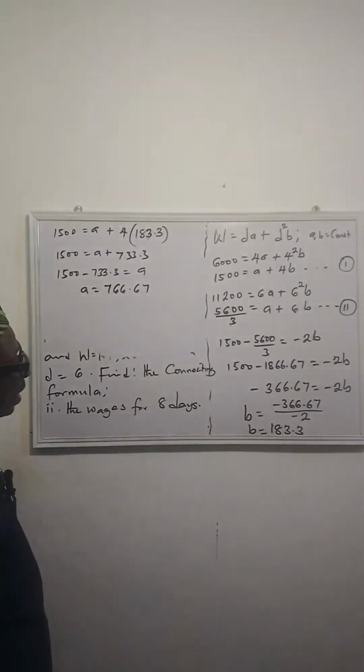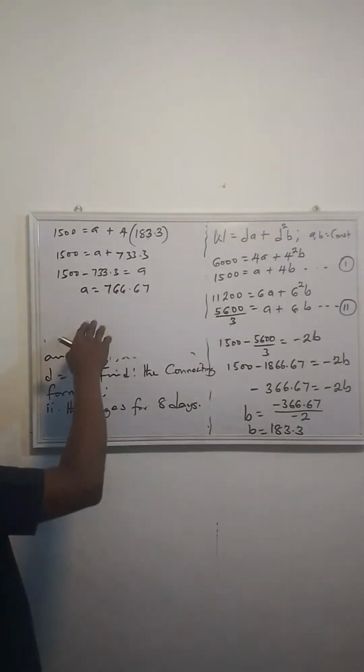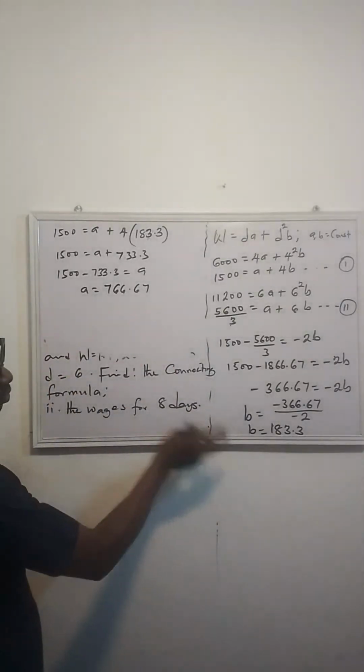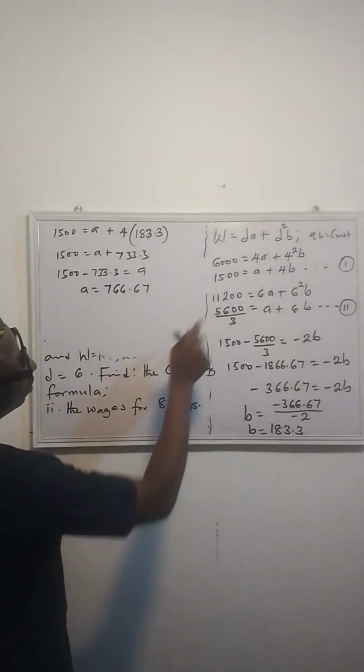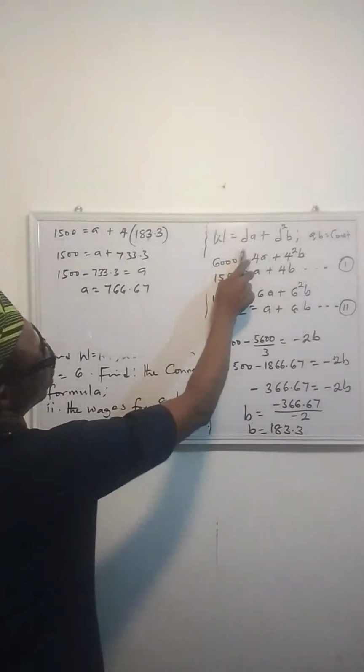All right, so now we can get the connecting formula since we have the values of A and B. So now let's plug in these values into the equation we have here.